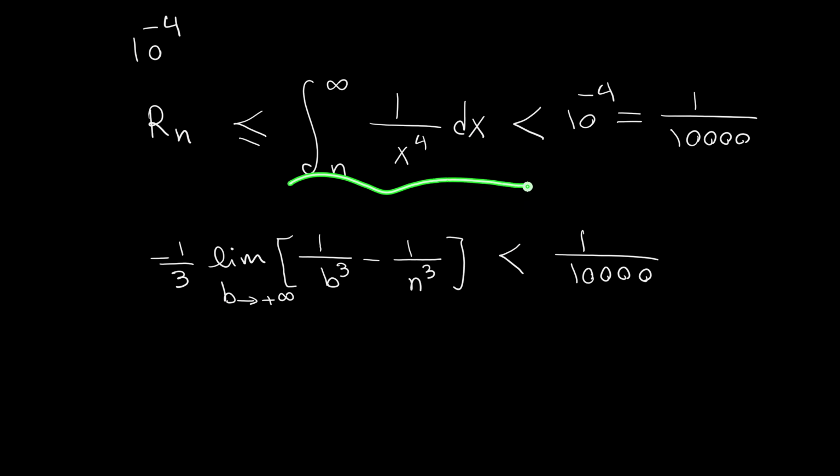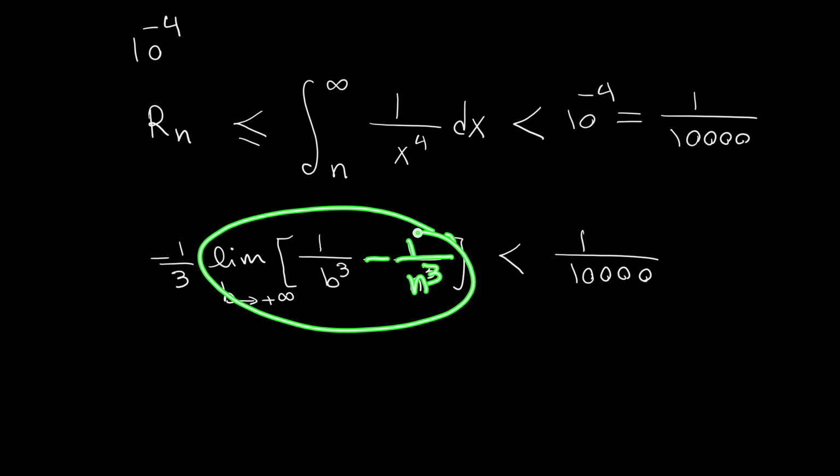Previously we solved this integral and we know that it's negative 1/3 times the limit of [1 over b to power 3 minus 1 over n to power 3], because it is the definite integral from n to positive infinity, and here b approaches positive infinity. If b approaches positive infinity, this value is 0, and in the square bracket the remaining part is negative 1 over n to power 3.